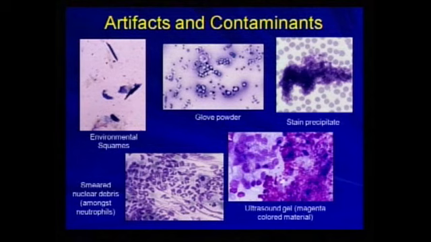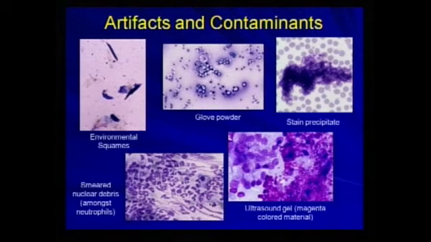So this purple material is something that we occasionally see on ultrasound guided biopsies, and that is the ultrasound gel, which you get on your fingers as you're doing the ultrasound, and then if you don't wash your hands carefully or take off your gloves when you're preparing the cytology, you may smear it on the slide.